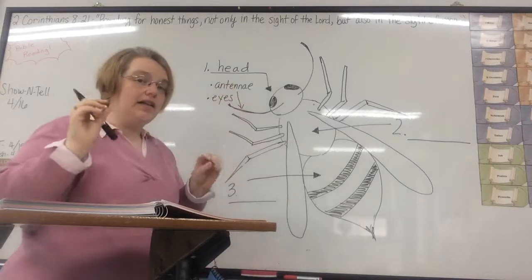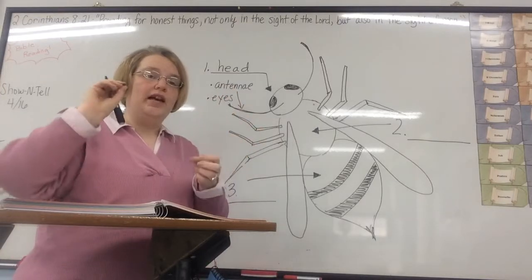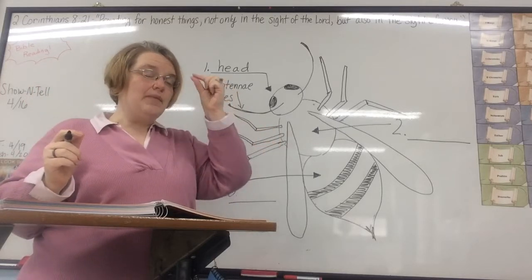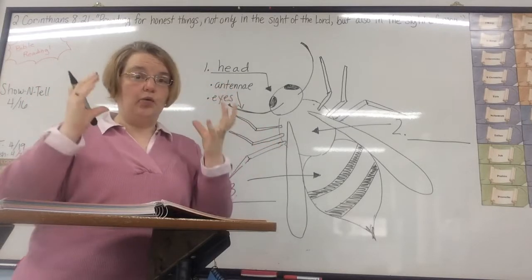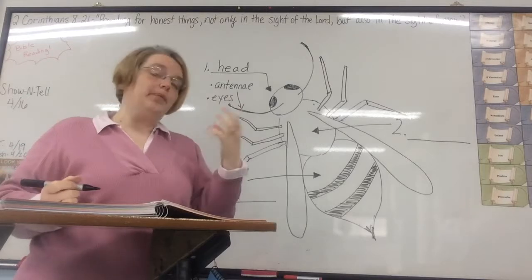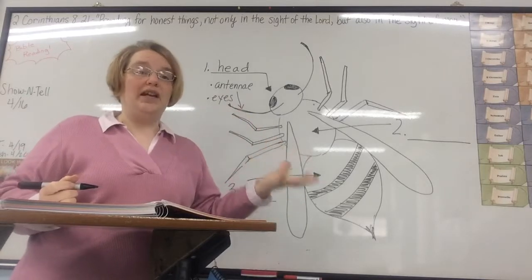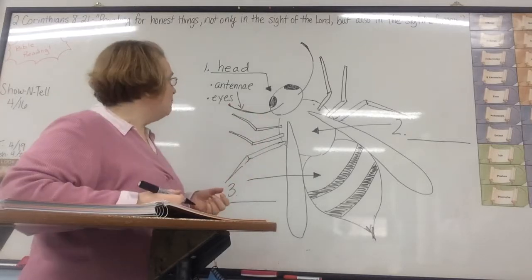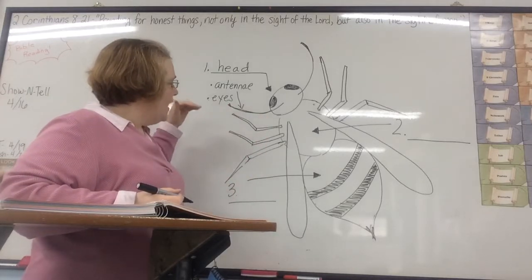And compound eyes, remember, can see in many directions because there are many, many tiny little lenses on one eye. For example, a housefly would be an insect that had a compound eye. So antenna and eyes.